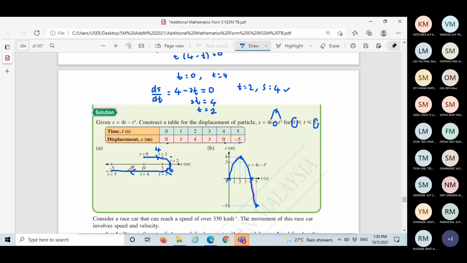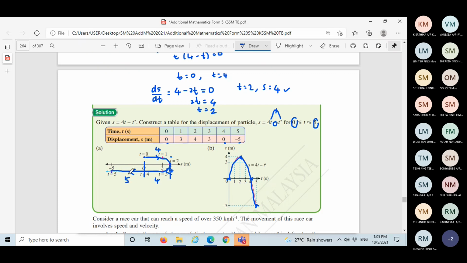Then from here to here, 4 to 0, another 4 meters. And after that, go to the left hand side, from 0 to -5, another 5 meters.